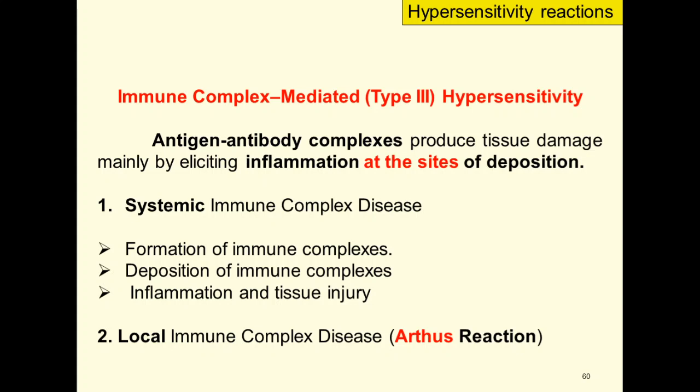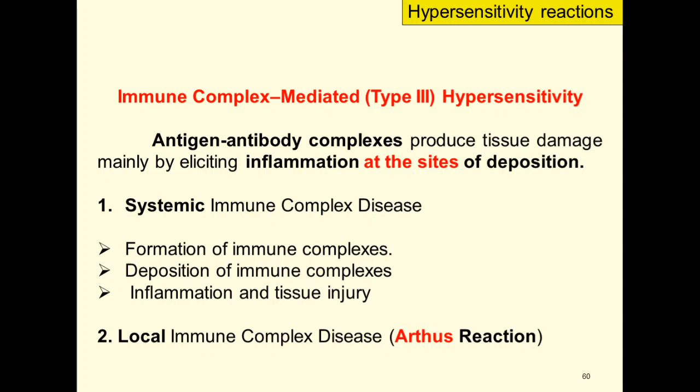It's important. So, when we're talking about the first type of hypersensitivity reaction, immunoglobulins E are fixed on the surface of the mast cell. And there is no antigen in the organism.